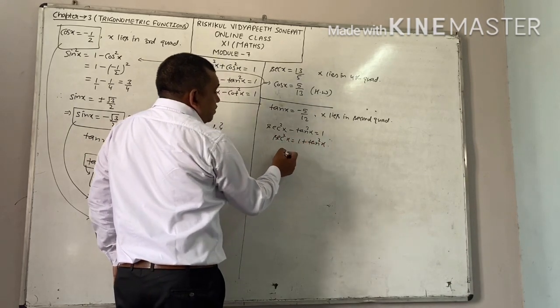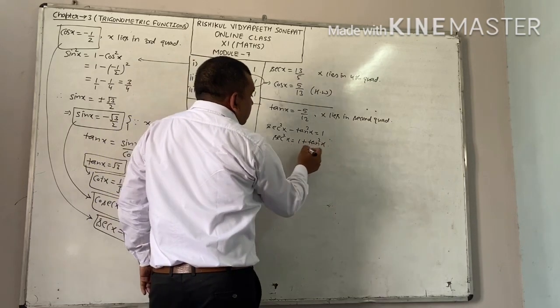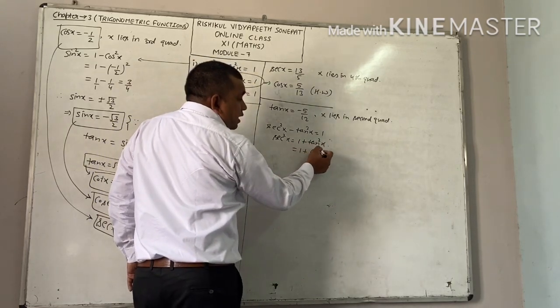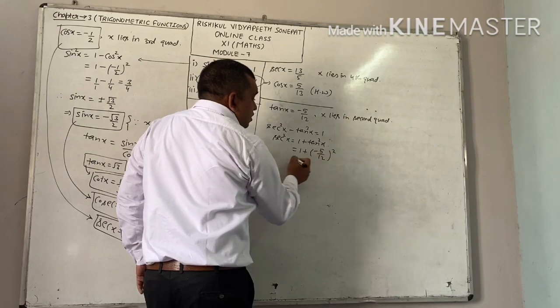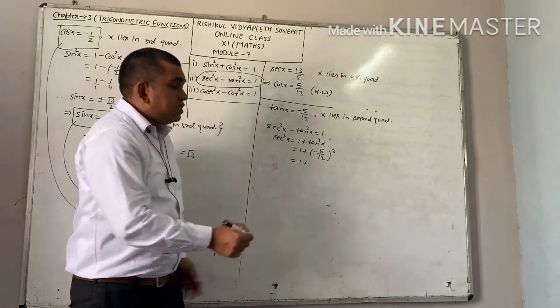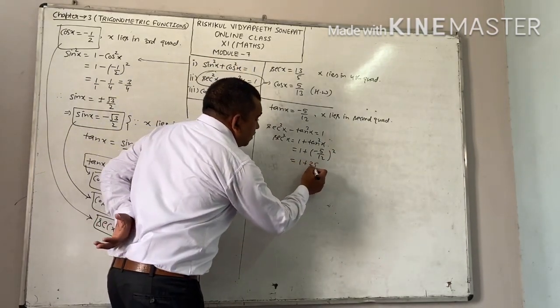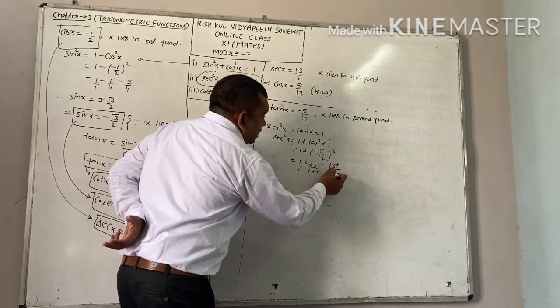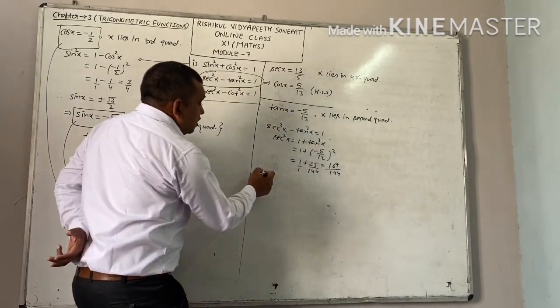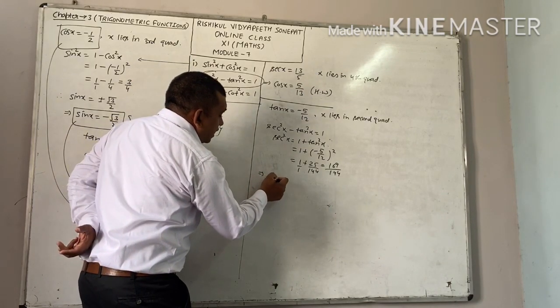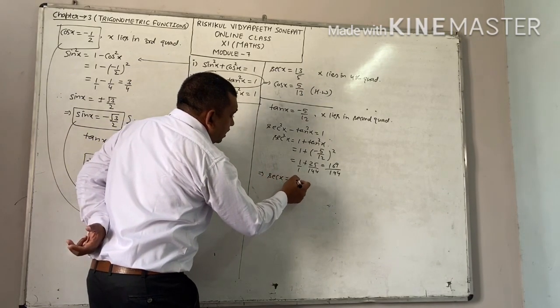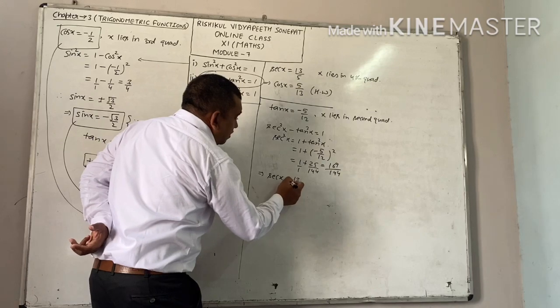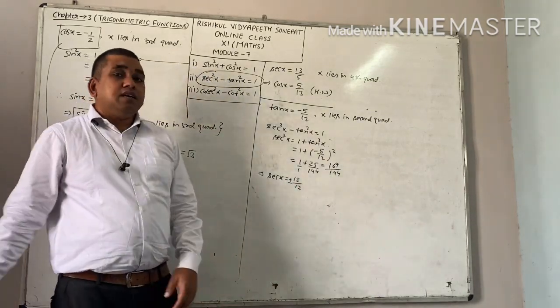Put the value of tangent x here. You will get 1 plus minus 5 by 12 whole square. 5 square is 25, 12 square is 144. Take 144 as LCM. This is your 169 upon 144. Taking square root on both sides, we will get secant x equals 13 by 12 with both signs, plus and minus.